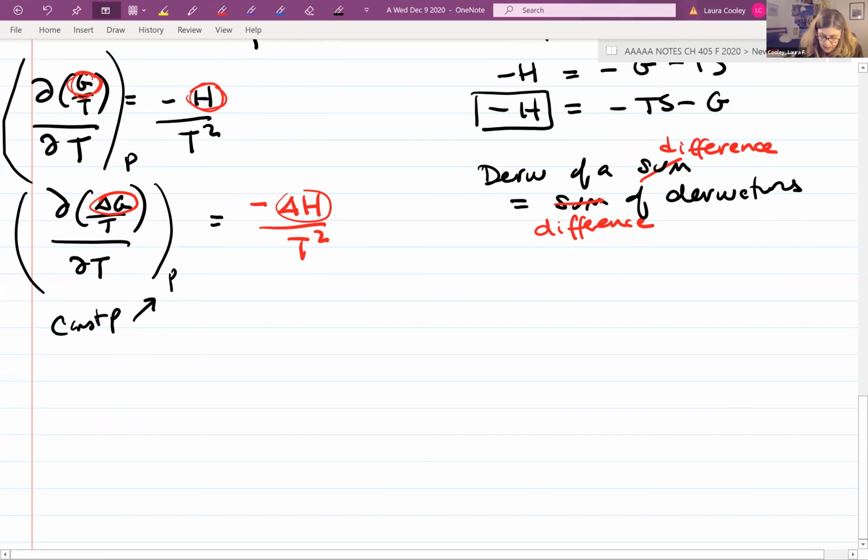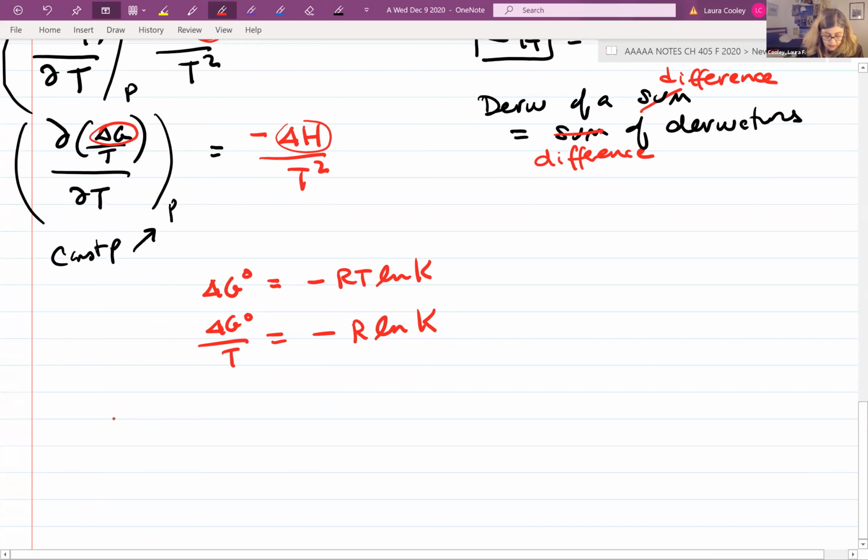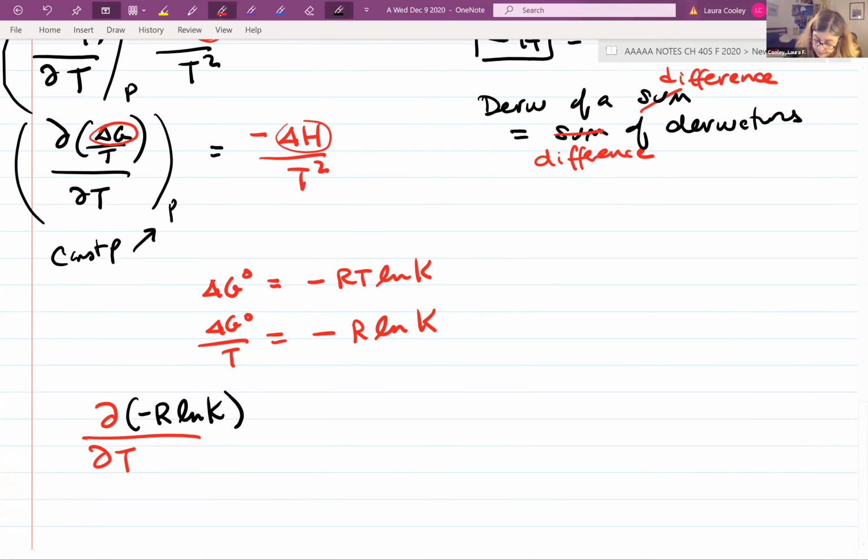And then I can use the fact that delta G0 is minus RT log of K. So delta G0 over T is minus R log of K. So this derivative of delta G over T becomes the derivative of minus R log of K with respect to T, which is minus delta H over T squared.